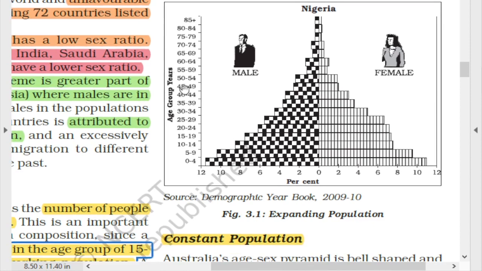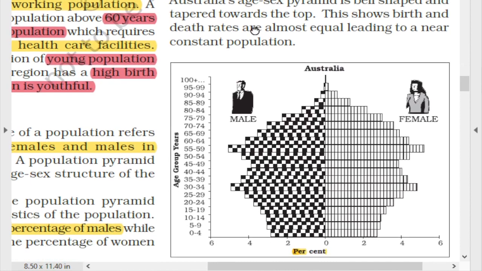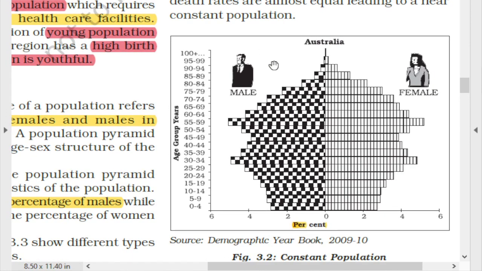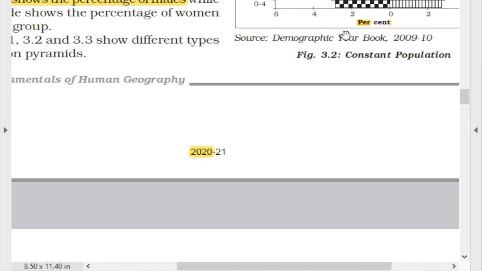These are the categories of the age groups. Then there was another type, the constant population. In this type of population, the rate of growth remains almost the same; it is not increasing highly or decreasing on a large scale.